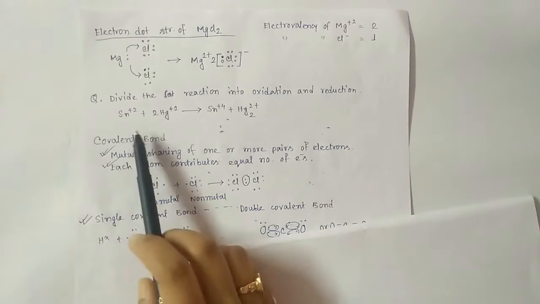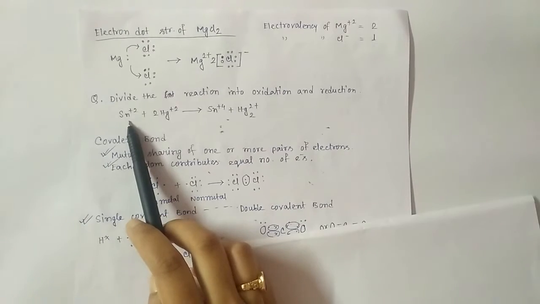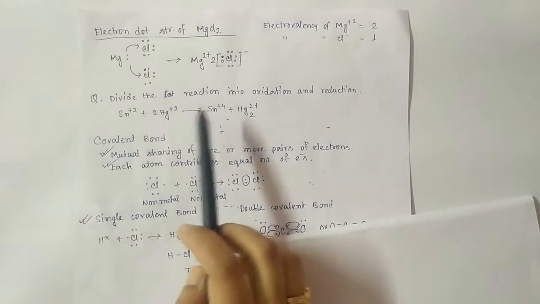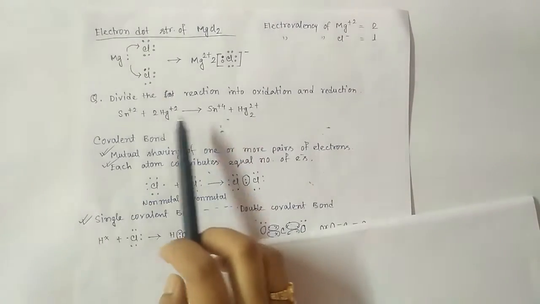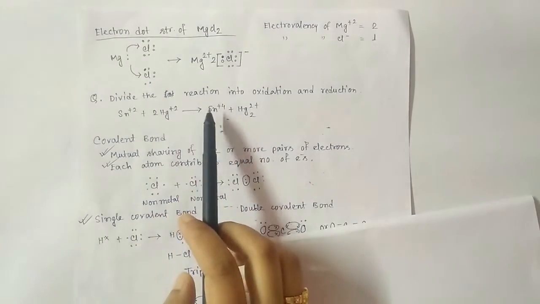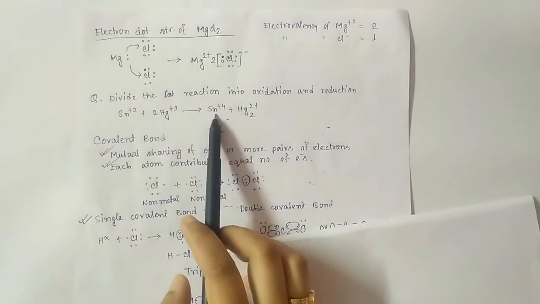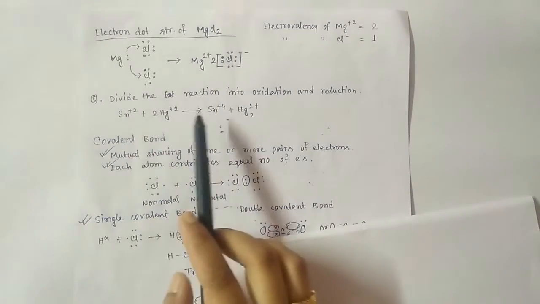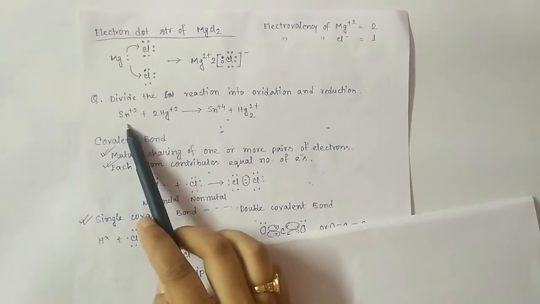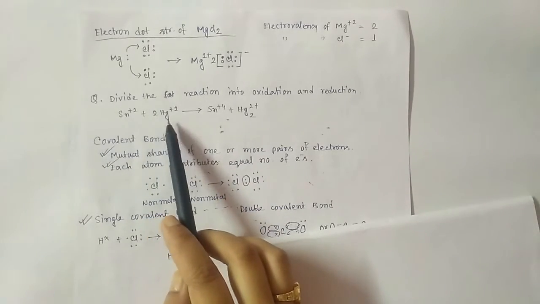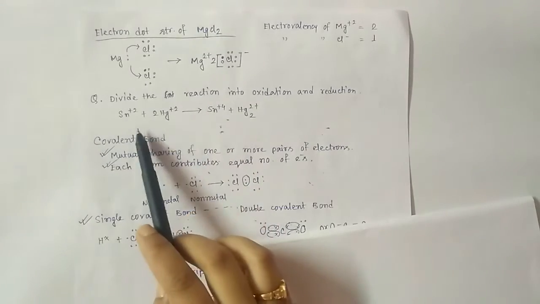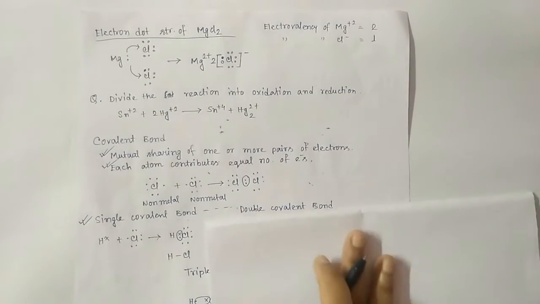For example, here Sn2+ has oxidation number +2, and here Sn4+ has oxidation number +4. It means there is an increase in oxidation number from +2 to +4. So the first thing we get is that Sn2+ releases 2 electrons and becomes Sn4+. So this is the oxidation reaction.